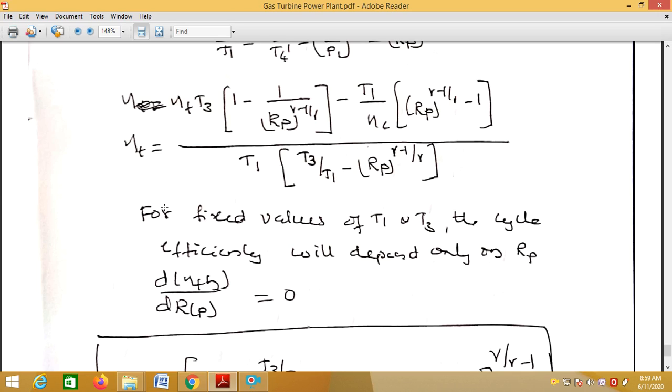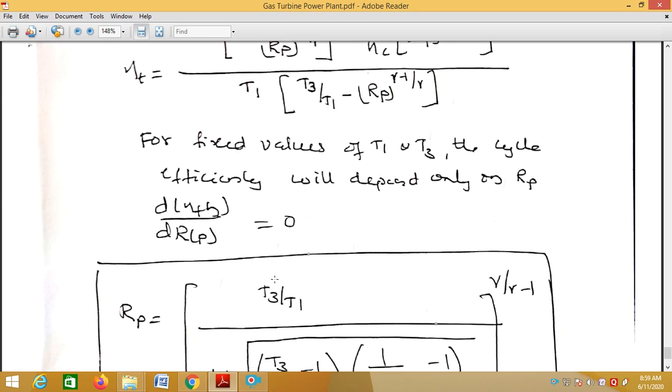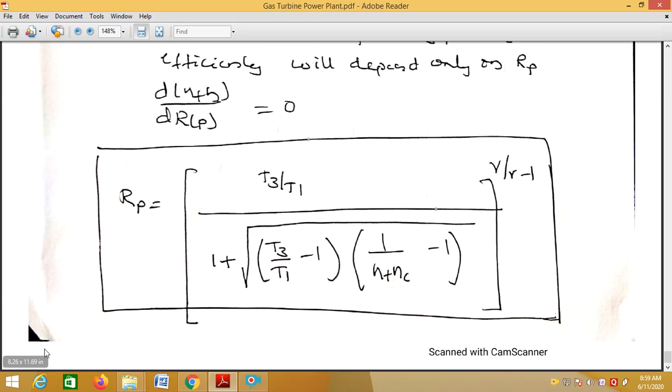Differentiating this equation with respect to Rp and equating it to 0, we will get the optimum pressure ratio for maximum thermal efficiency of the actual gas turbine cycle, given by Rp equal to (T3 by T1) whole raised to, divided by 1 plus root of T3 by T1 minus 1 into bracket 1 by eta T eta C minus 1, raised to gamma by gamma minus 1.